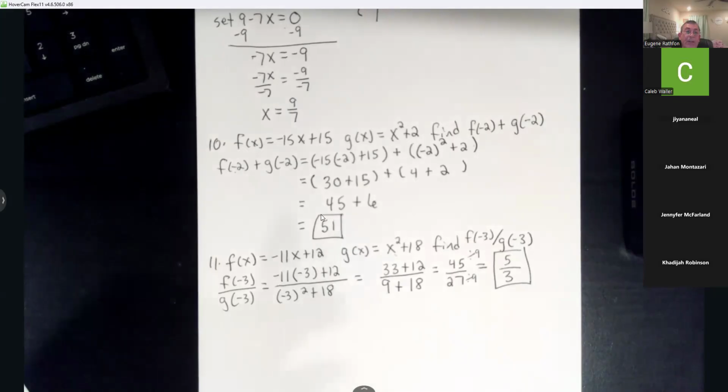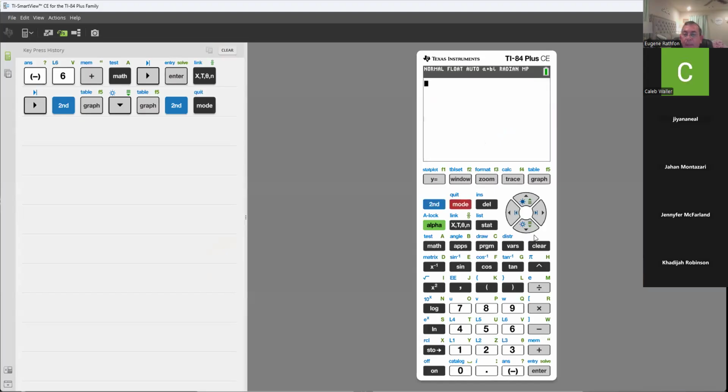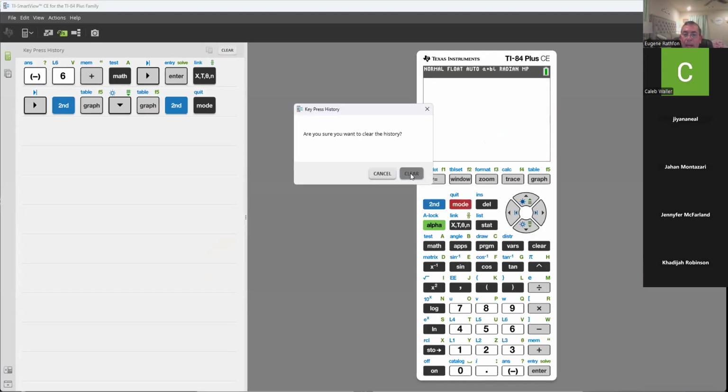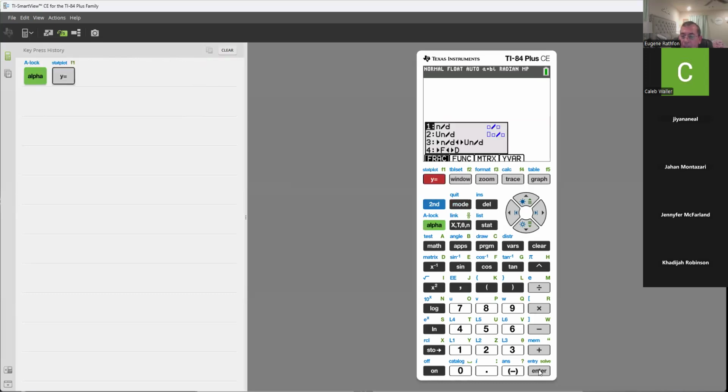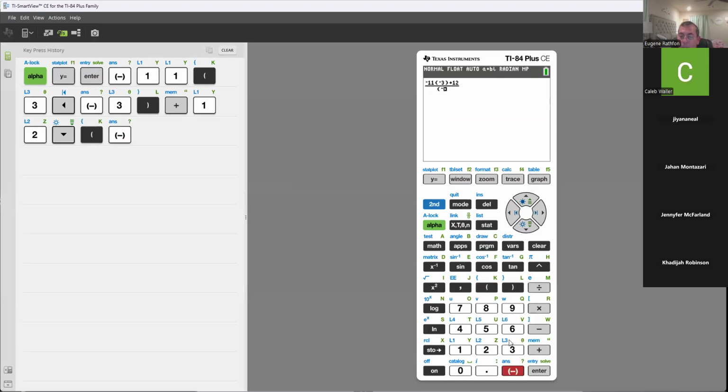Now, you can reduce fractions on the calculator, right? So let me show you this problem on the calculator. So I'm going to get off the y equals stuff and clear. So I'm going to hit alpha y equals to make this look like a fraction and enter. On top I had negative 11 times negative 3 plus 12. On bottom, I had that negative 3 squared.